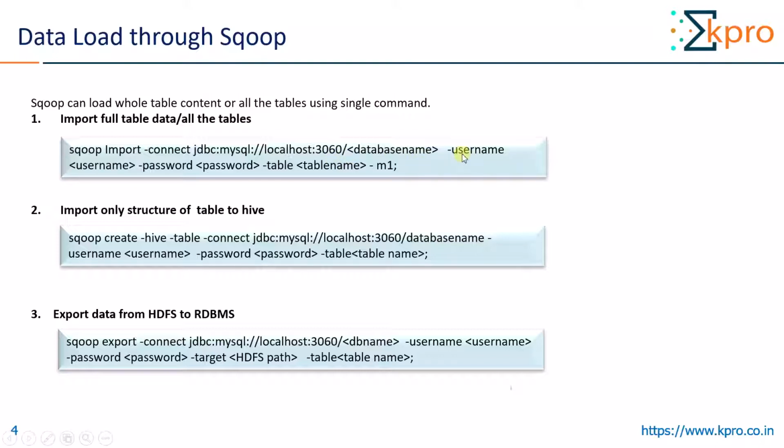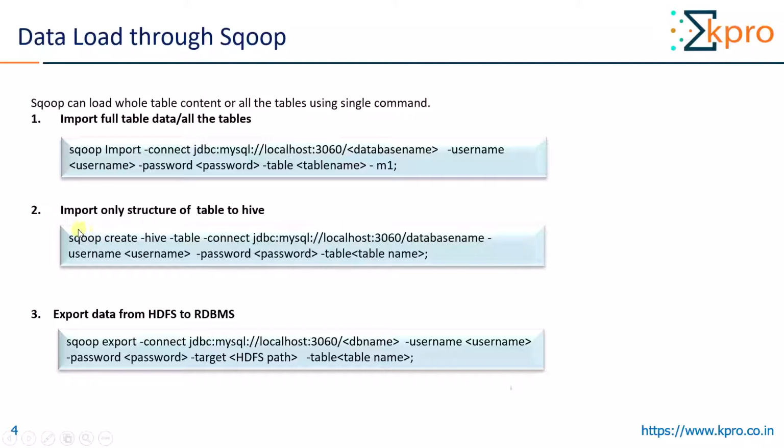We have to also provide username and password to log into the source database, and table name is not mandatory. If it is provided, that table will be imported, otherwise all the tables will be imported. Here you will see M1. This is nothing but mapper information. So if we run this command, there will be one mapper job created.